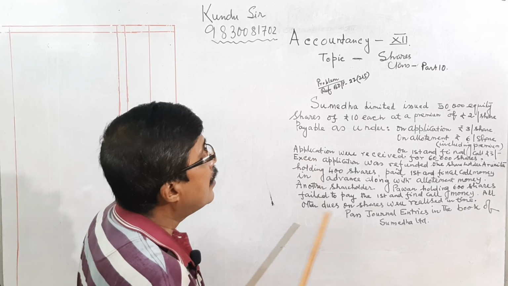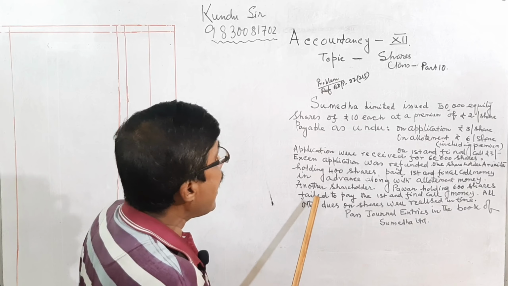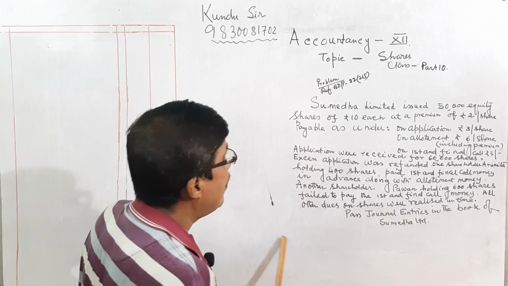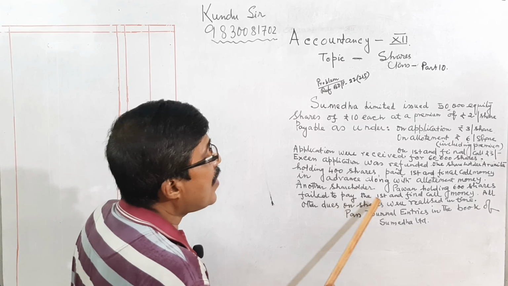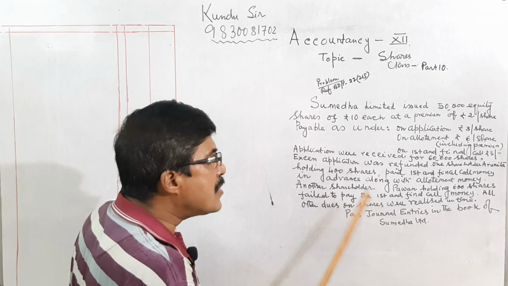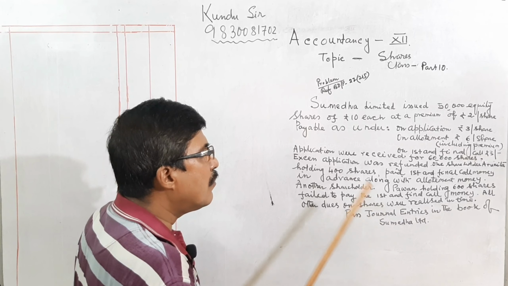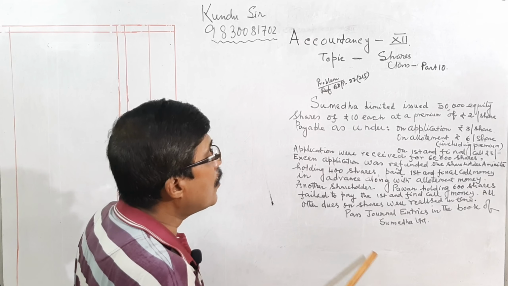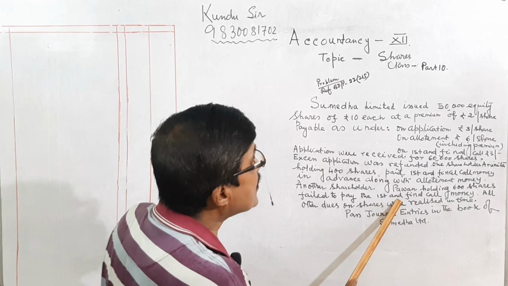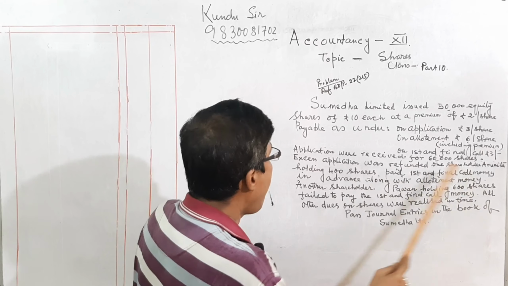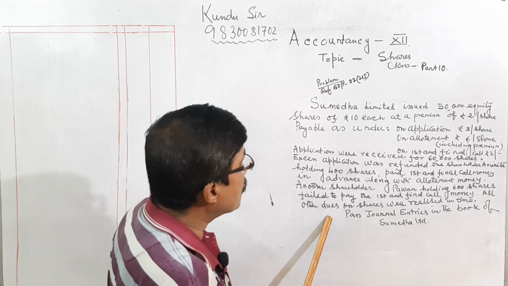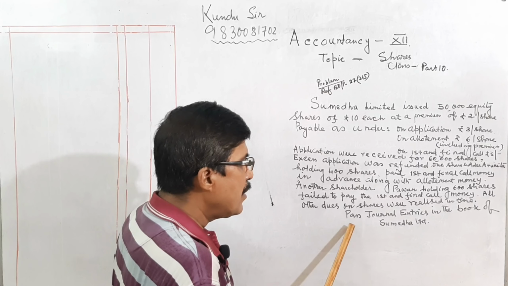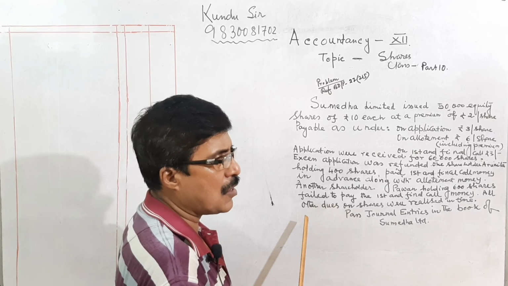Another shareholder, Pawan, holding 600 shares, failed to pay the first and final call. That means the call was invited, intimation was given to deposit, but Pawan failed to pay the first and final call money. All other dues on the shares are realized in time, but this problem is silent about the forfeiture of shares.